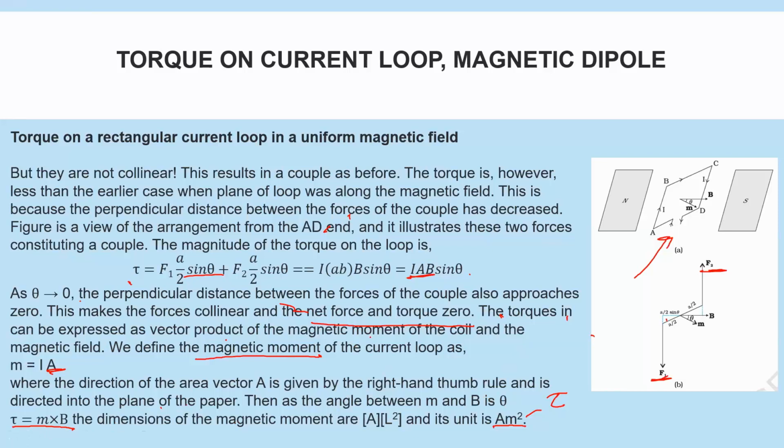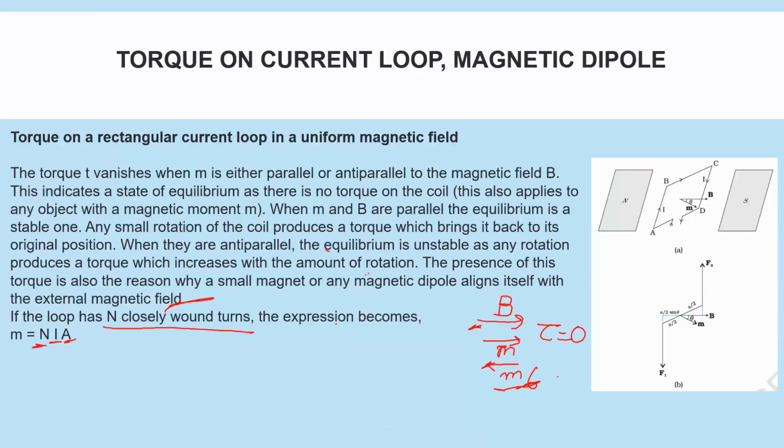Next, in the next class, we will see what torque is generated when you have a circular current loop as a magnetic dipole. Over here we were considering only the rectangular loop. So we will stop here today and I will continue the next part in the next class.